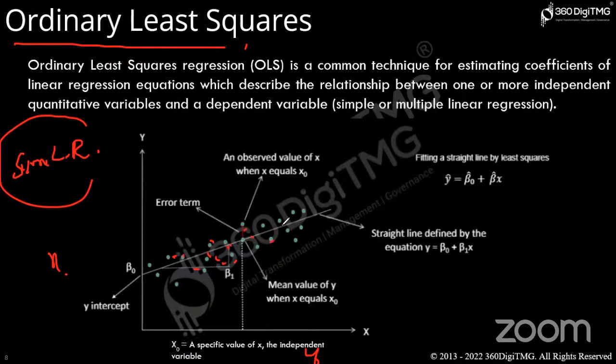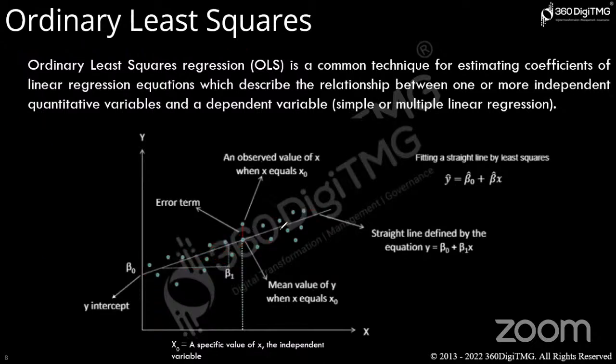Using simple linear regression, we will draw one line, a regression line, and check how good a predictor line it is. We'll form one prediction line and then check how far those data points are from the predicted line, and how much error we are getting.